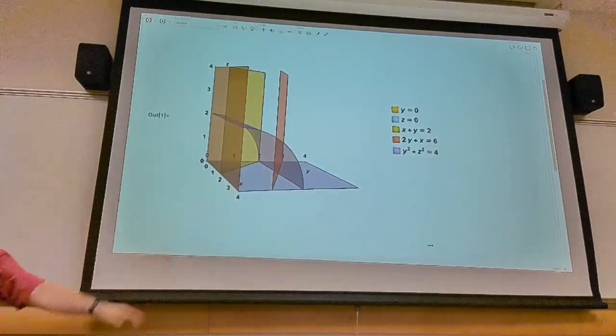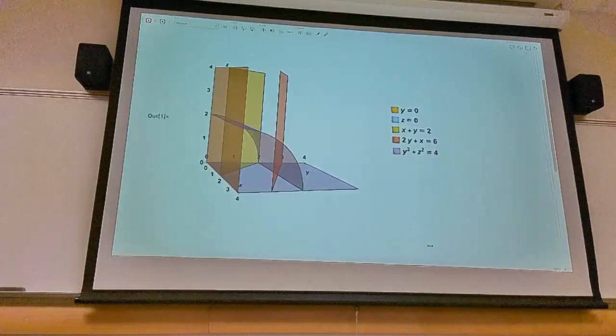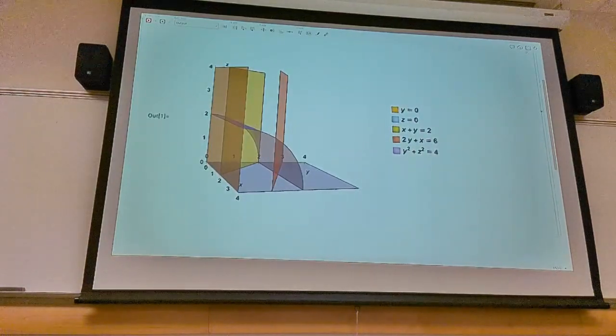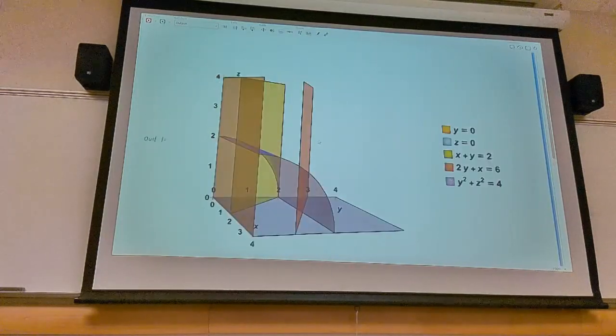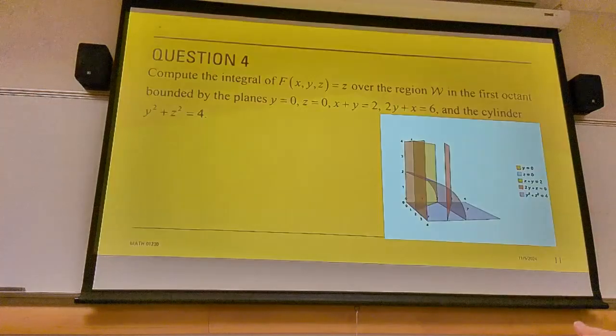That is our region. Before I lose this, let's save this.